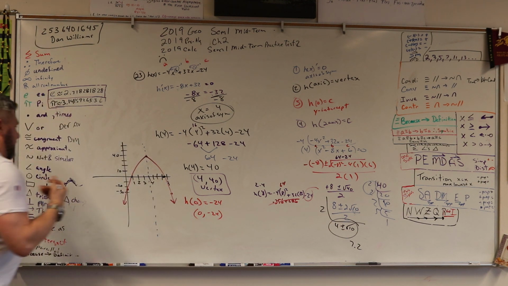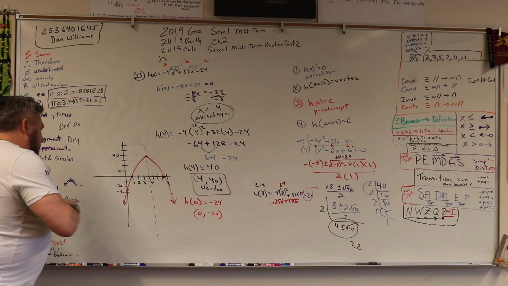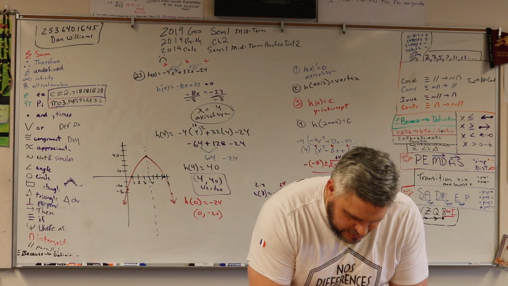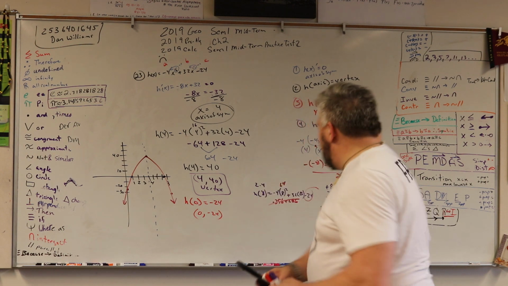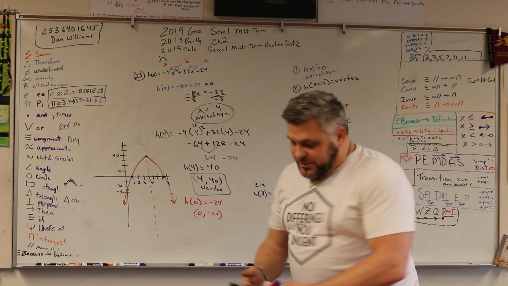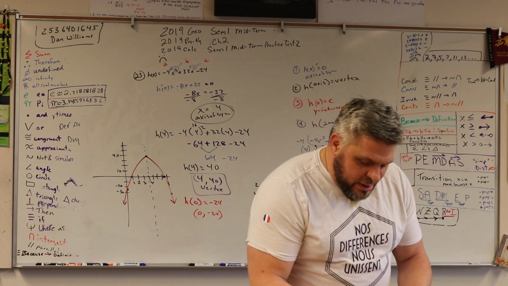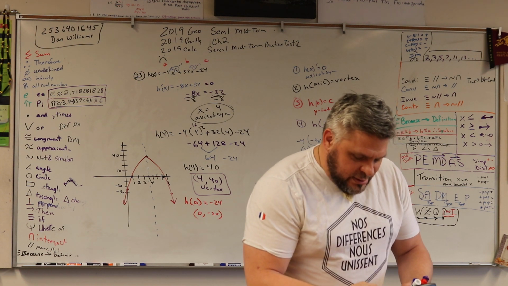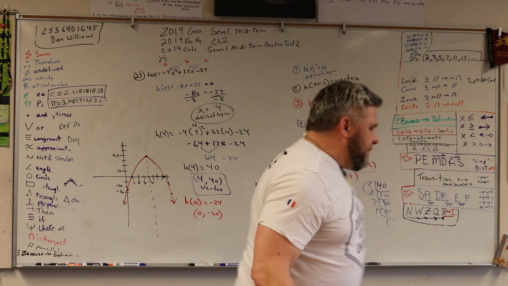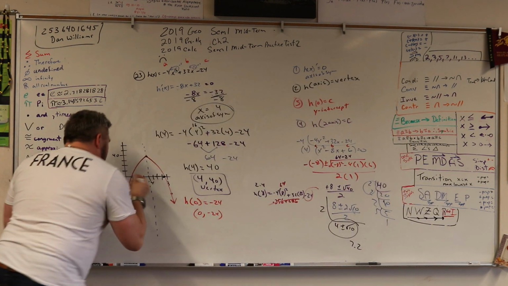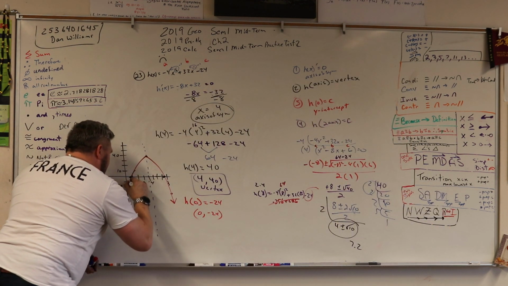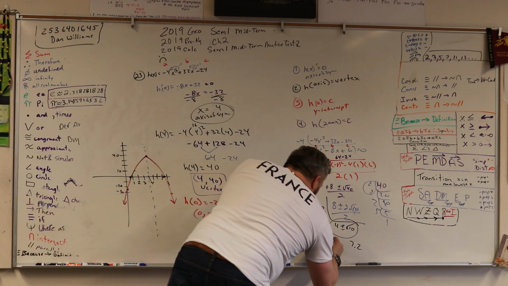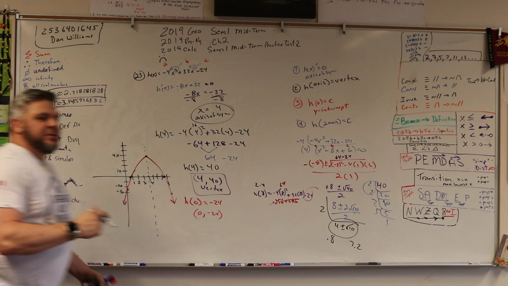And then let's go to the other side. What is it? 4 minus the square root of 10. So 4 minus square root 10 equals 0.8. So it'd be about 0.8 on this side. Seems about right. Okay. So we got 0.8 and 7.2.